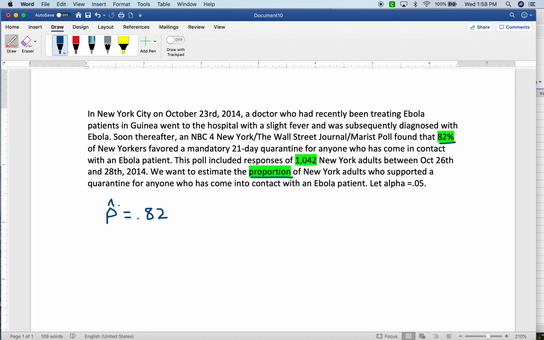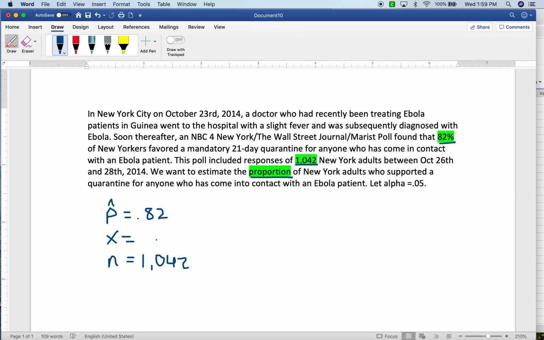That's our p hat. And then we need to find our x and our n values. For n, that's just our total. It told us our total was 1,042. And then our x value we need to find.